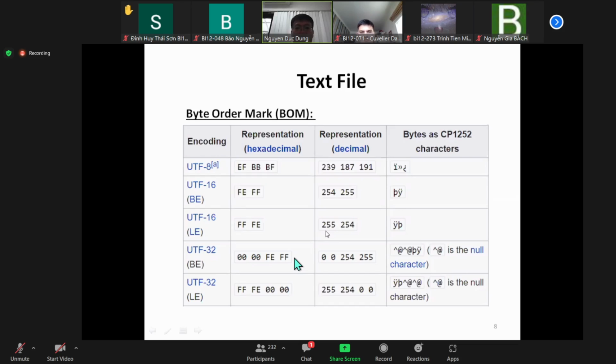And for the documents in ANSI, we have just the content of the text file. But for other encoding schemes, they have some representation or mark for those files. So that's the reason.